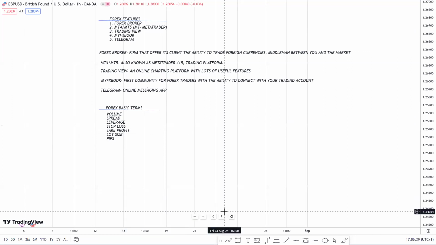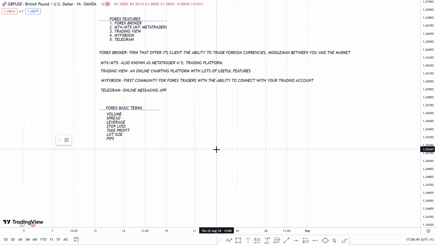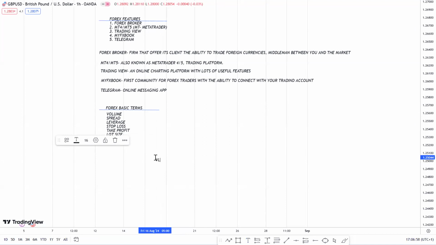So volume, what is volume about? In forex trading, volume is the number of lots traded in a currency pair or in the entire market within a specified time period. So let me type it.